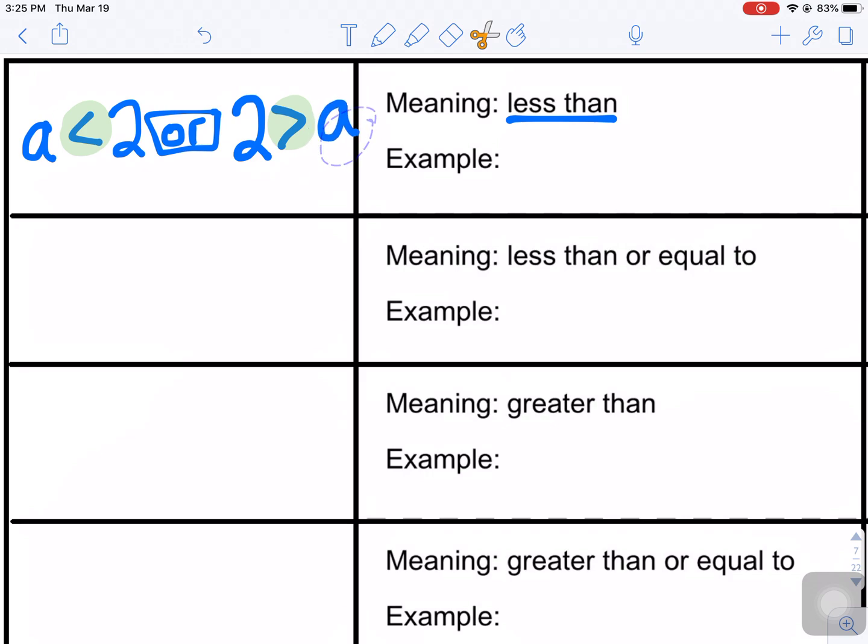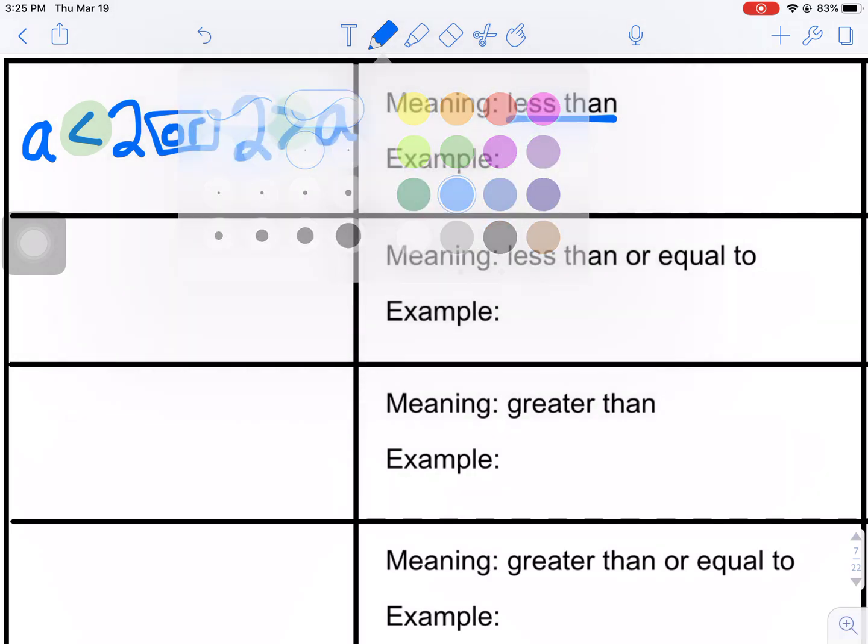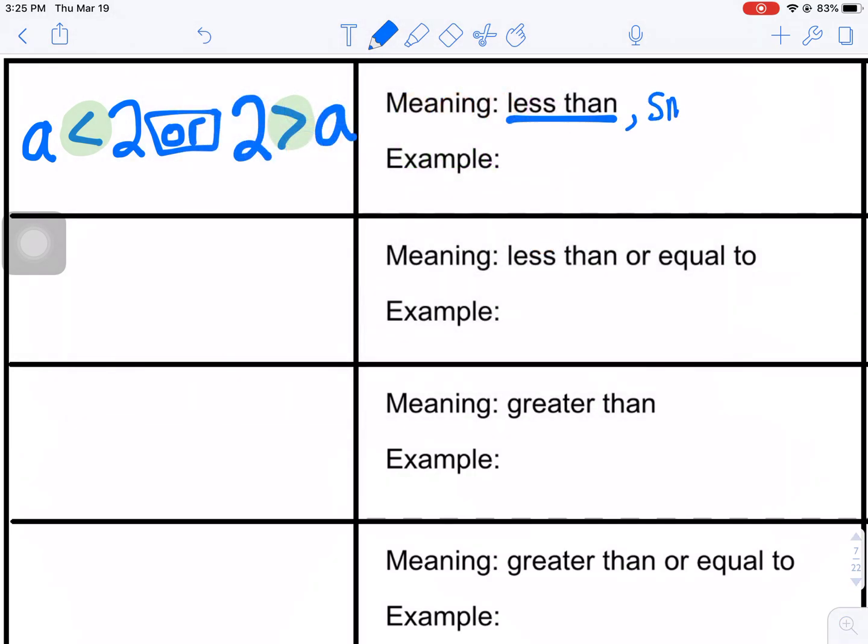It's just two ways of writing the same thing. Notice that this is the reflection along this line of this one. The words that might mean this type of symbol are less than, or you might hear the words smaller than.